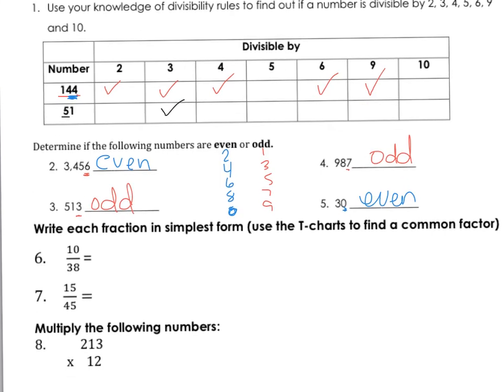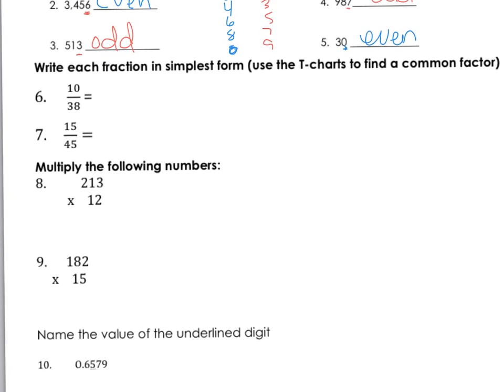Okay, now 6 and 7. When I look at the T-chart for 10, and you could have used those up on the wall. Whoops. 1 times 10 and 2 times 5. And then for 38, this is only to help you find a common denominator.